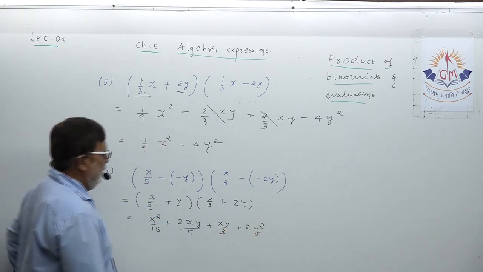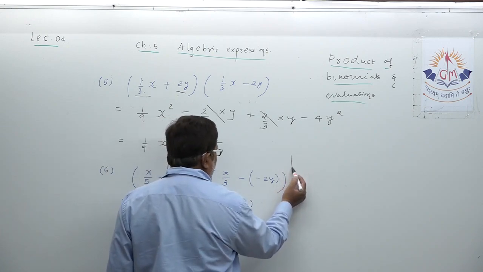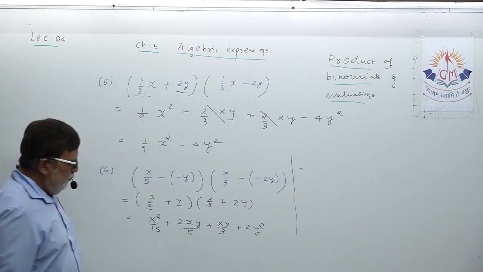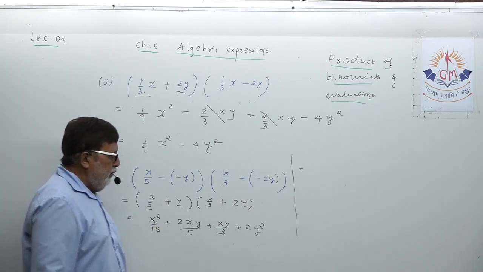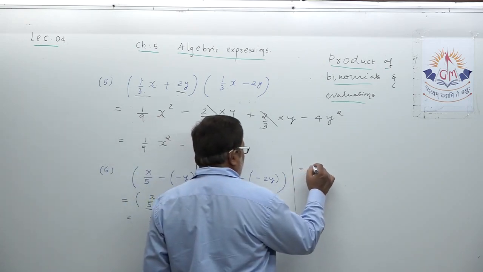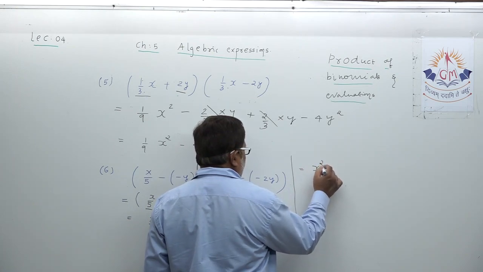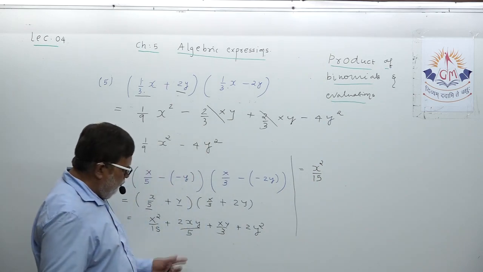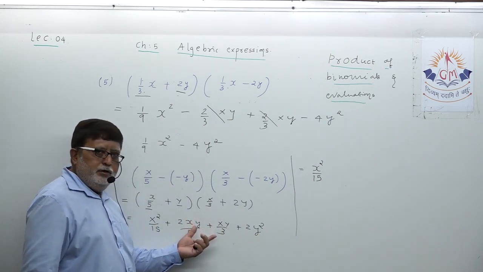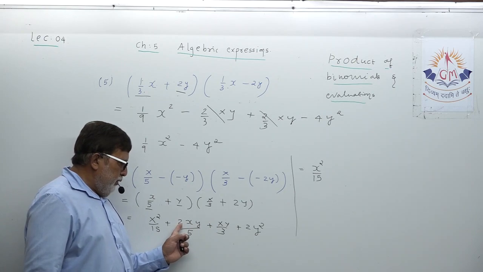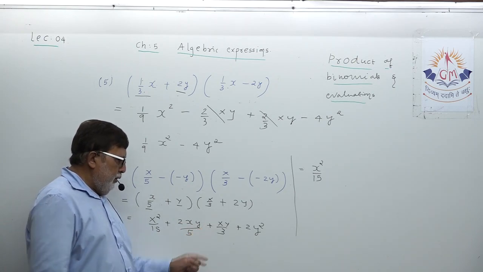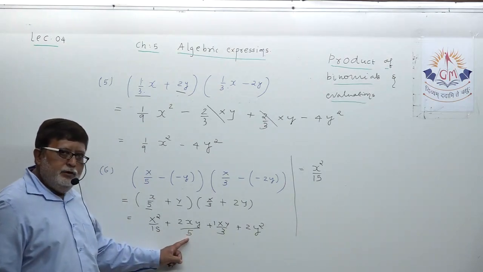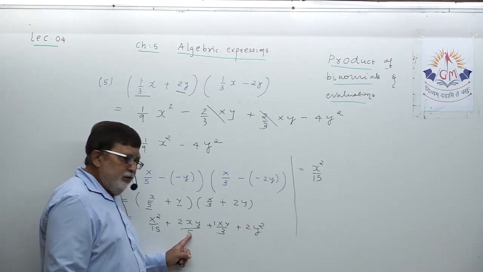After doing this, I am continuing one step here. Now what to do? You need to solve the like terms. The first term containing x square, write it as it is. And here you need to solve the like terms, both the terms containing xy, here 2 upon 5, here nothing means 1 upon 3. Now dear student, be very conscious here.